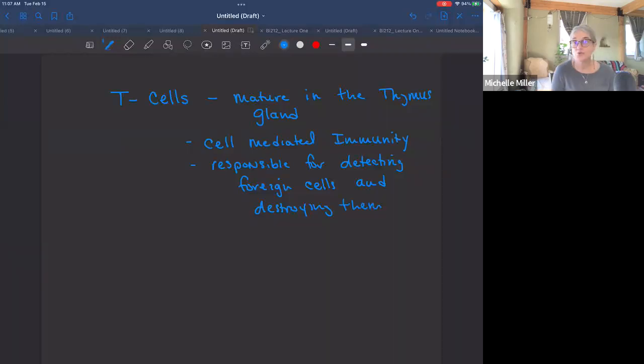They can also destroy cancer cells or cells that have been infected with a virus. So those are the two types, kind of two different components of your adaptive immunity, the cell-mediated immunity and the humoral mediated immunity.